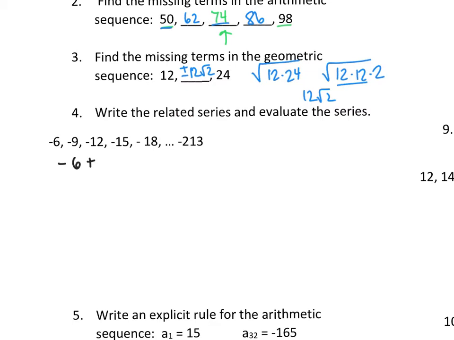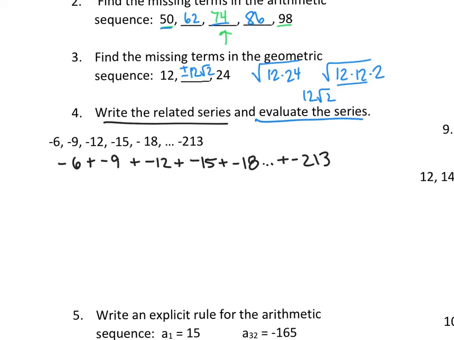So it means add negative 6 plus negative 9 plus negative 12 plus negative 15 plus negative 18, all the way to adding negative 213. That means writing the related series. Evaluate the series means give me the answer to what that would be if you added all those numbers up.